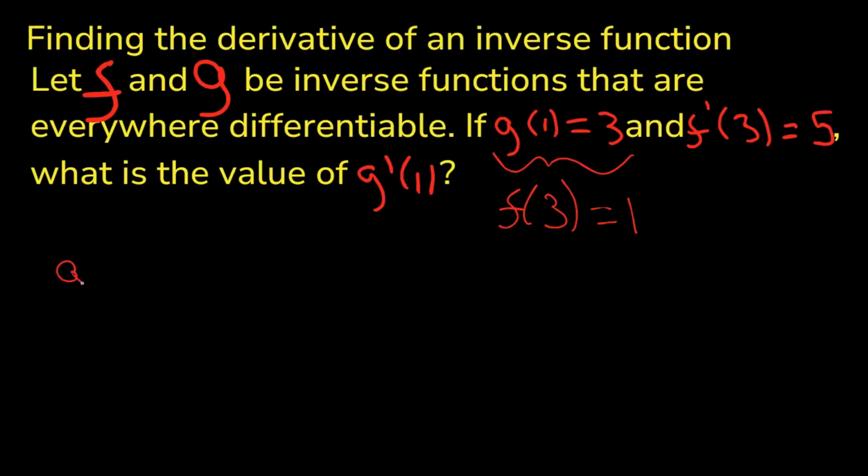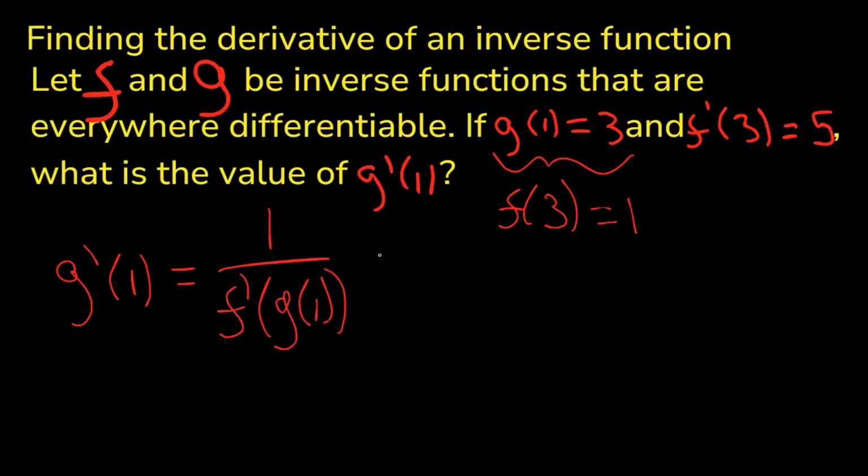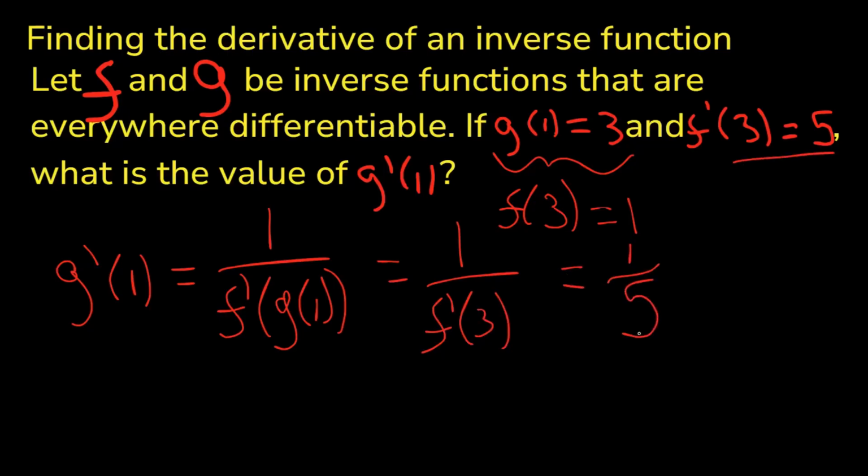If we want g prime of 1, that's going to be 1 over f prime of g of 1. g of 1 is 3, so this becomes f prime of 3. And we know f prime of 3 equals 5. So the answer is 1/5.